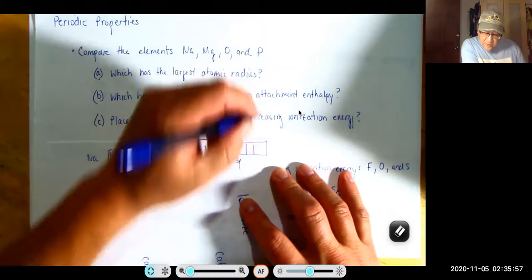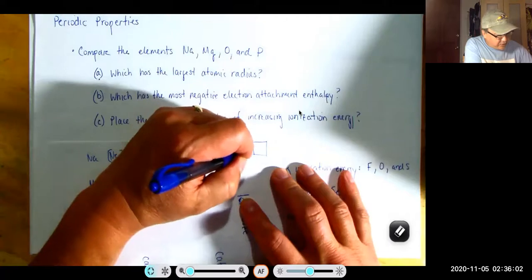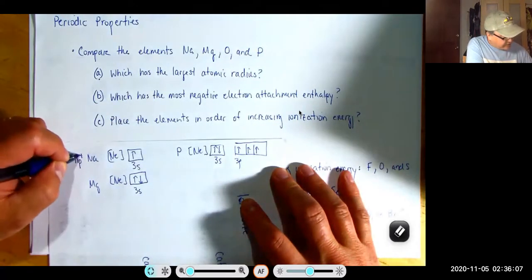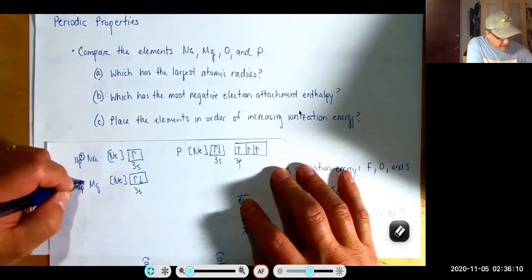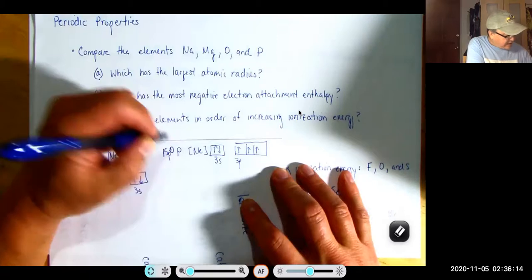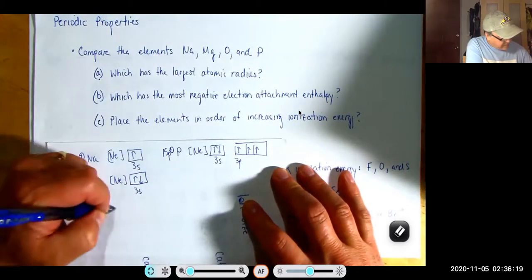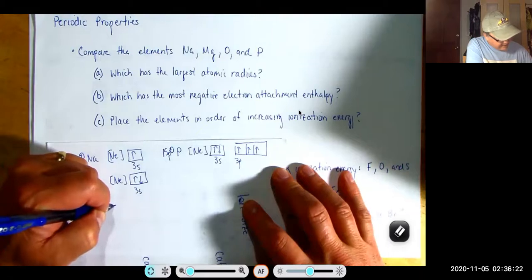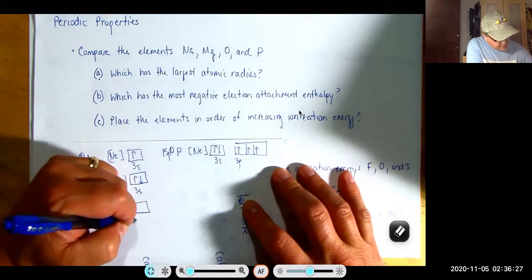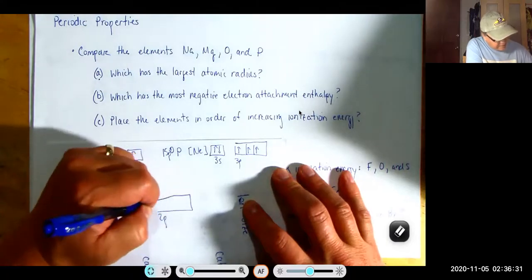Let's see, phosphorus is 1, 2, 3, 1, 2, 3. The number of protons is 11 protons, 12 protons, and 15 protons. And then you have oxygen with 8 protons, and we have helium, 2s2, 2p4.